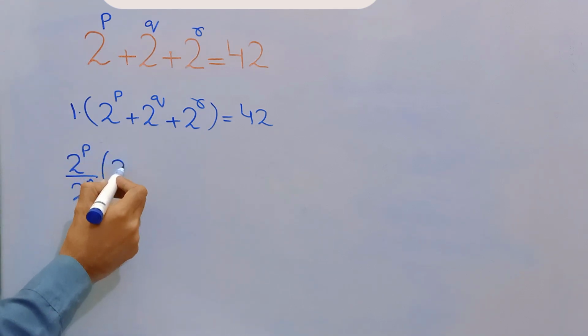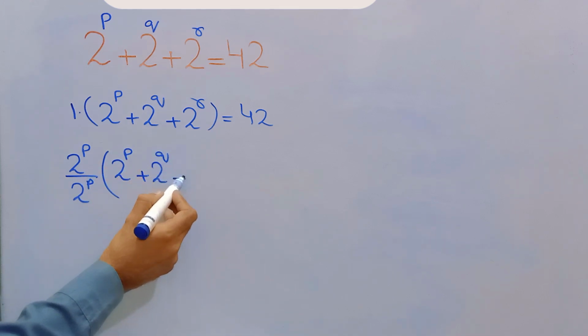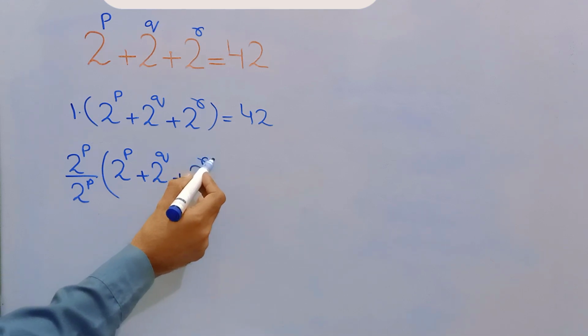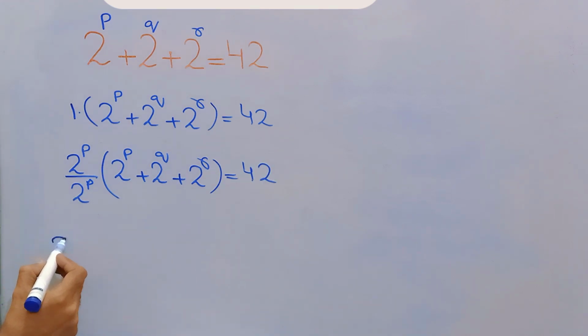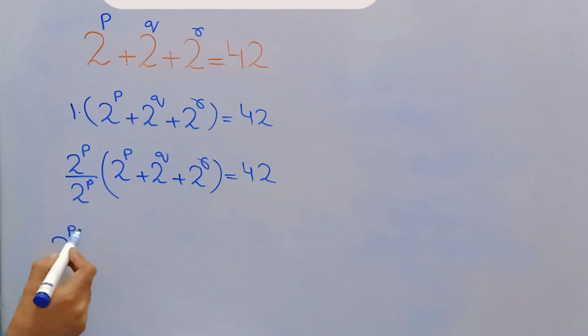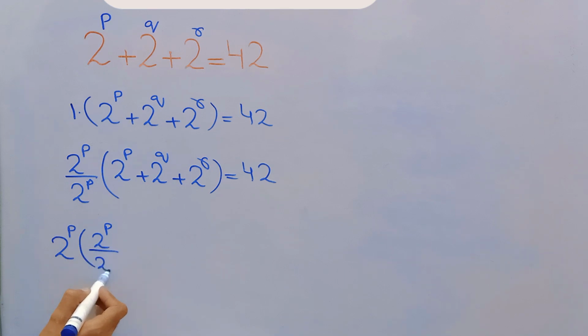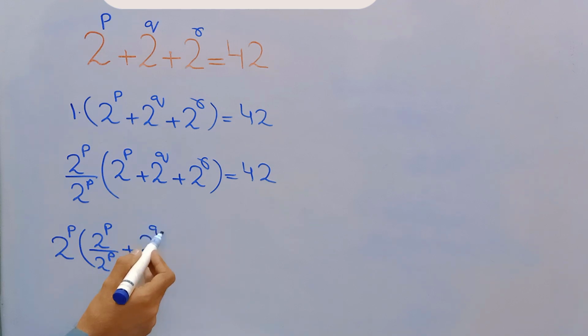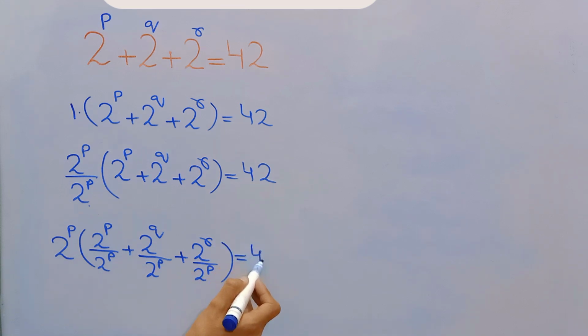And next step student, 2^p + 2^q + 2^r = 42. So 2^p divided by 2^p plus 2^q divided by 2^p plus 2^r divided by 2^p is equal to 42.